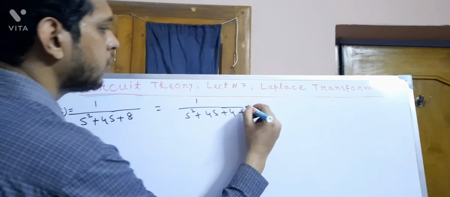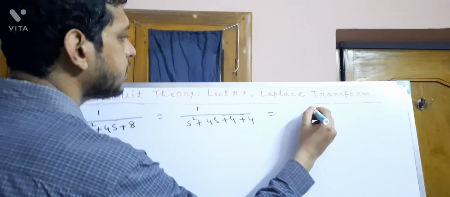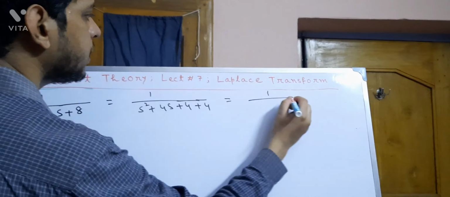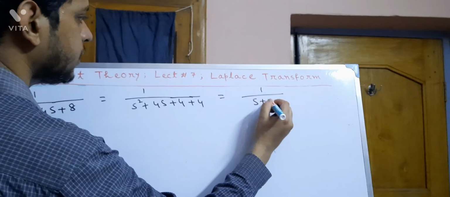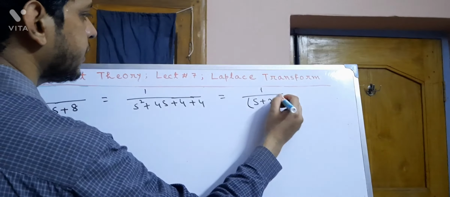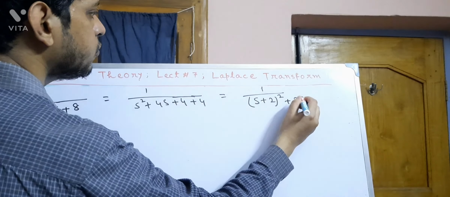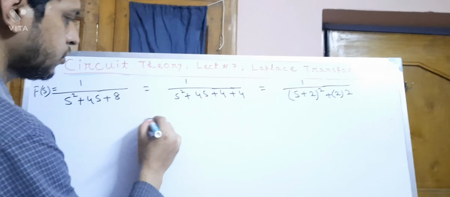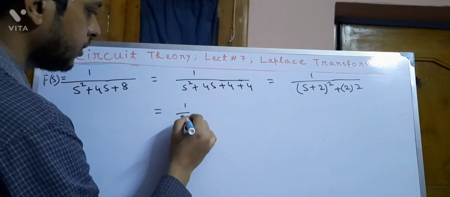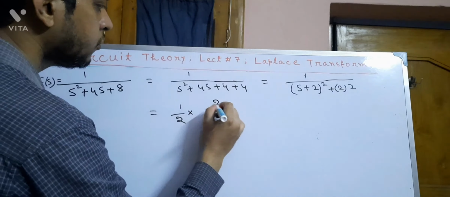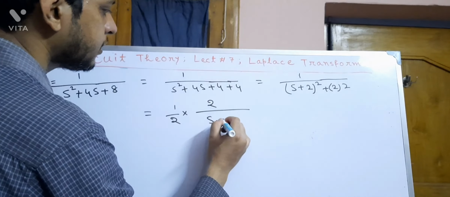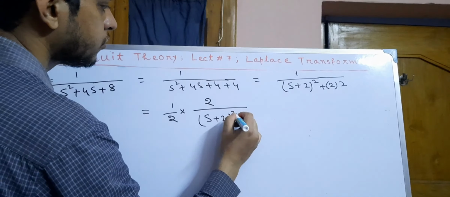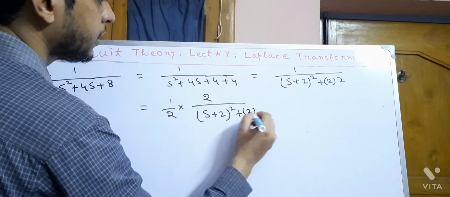Now this can be written as 1 by (s plus 2) square plus 2 square. So this can be written as half into 2 by (s plus 2) square plus 2 square.